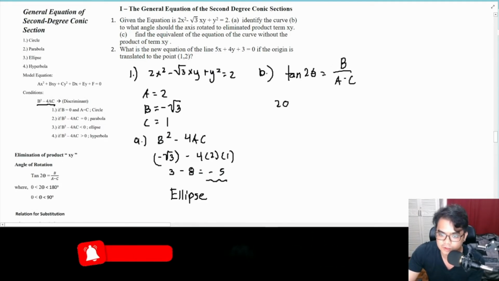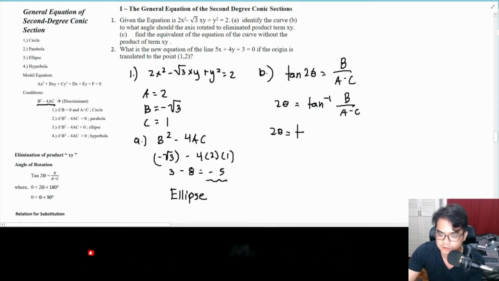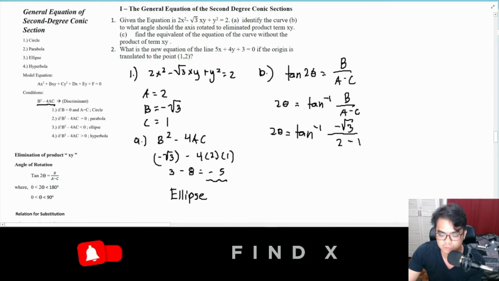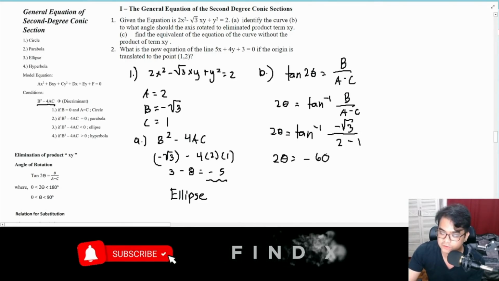So 2 theta must be equal to arctan of b over a minus c. B is negative square root of 3, a is 2 and c is 1. So if you get the answer here, 2 theta is equal to negative 60.